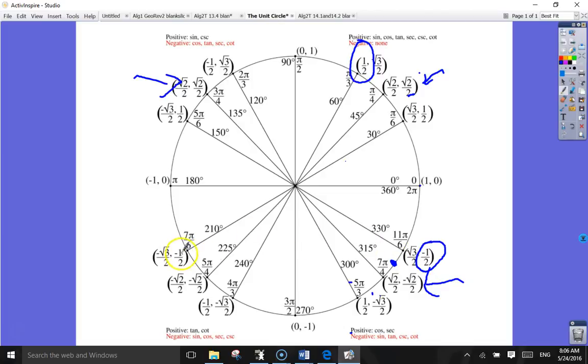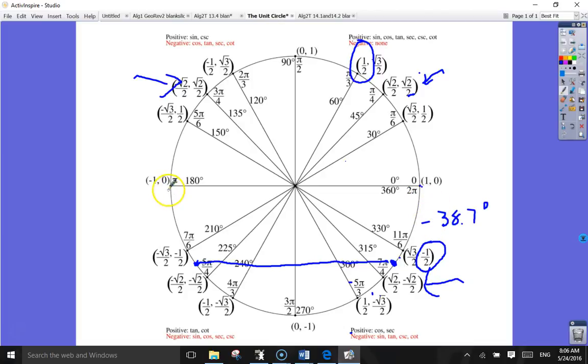But it said to give an answer over here. So how do I find the angle straight across from that, where sine has the same value, meaning the y-coordinate is the same? Well, how many degrees did we go down from 0 to get to this point? It was -38.7 degrees.